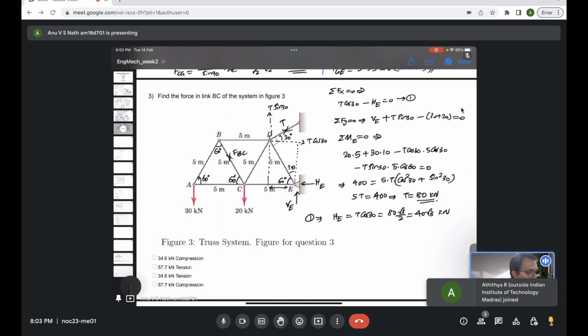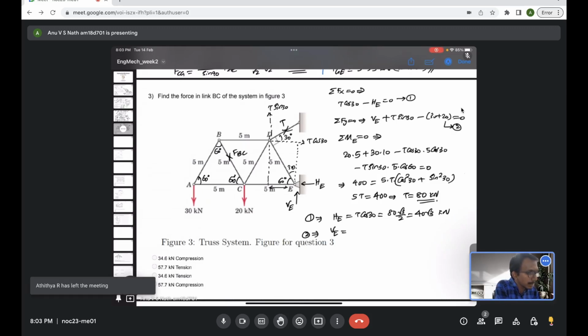And vertical reaction at E from the second equation is 50 minus T sin 30. So 50 minus T, which is 80 into sin 30, which is 1 by 2. So 50 minus 40, which is 10 kilonewton. So we have evaluated all the support reactions: horizontal reaction at E, vertical reaction at E, and the tension on the string.